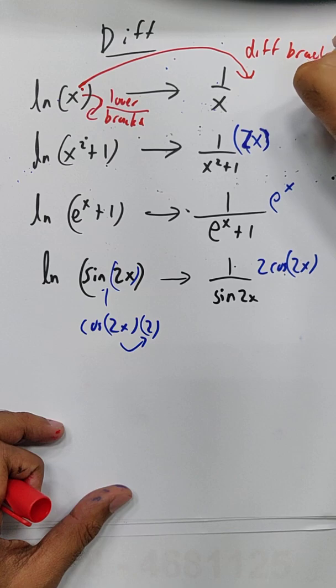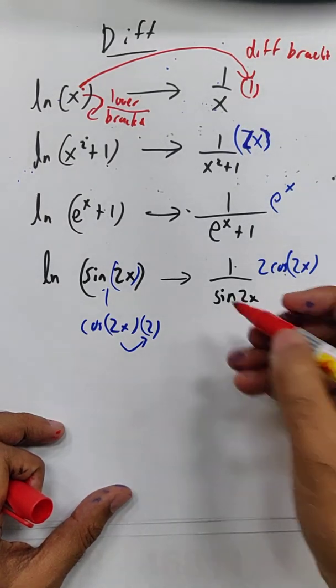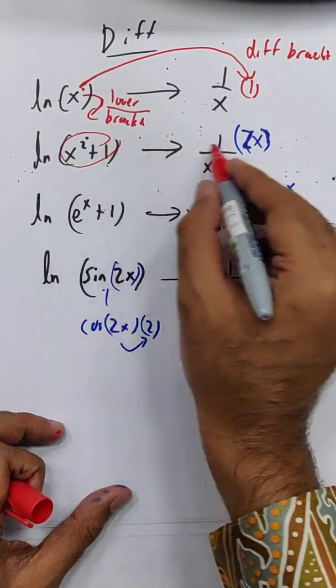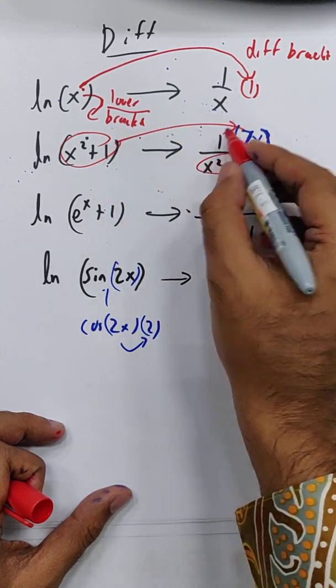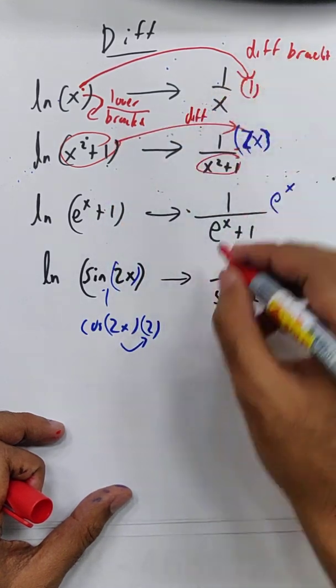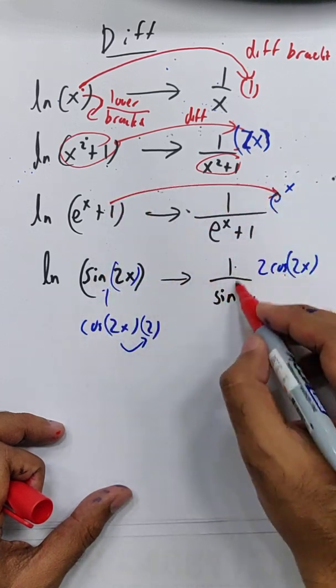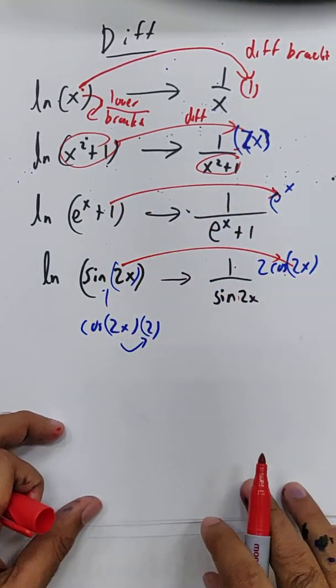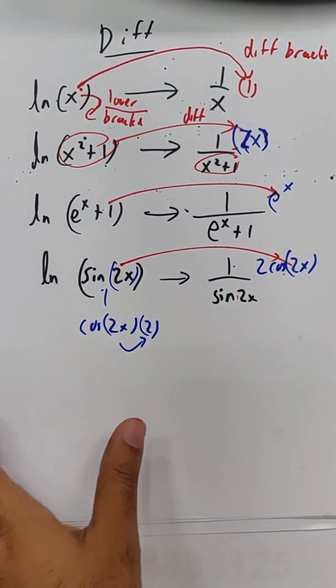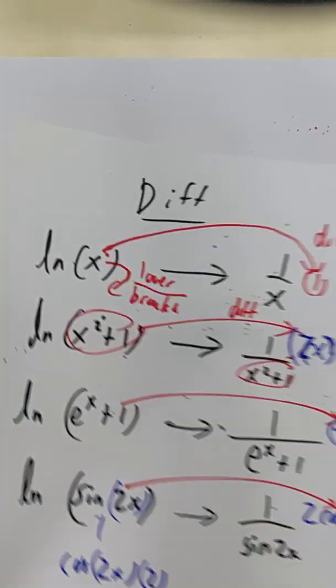In this case, you got yourself 1. This one is the same, 1 over, and then you diff the bracket, which is all the same. 1 over, diff the bracket, 1 over, diff the bracket. That's the very basics.